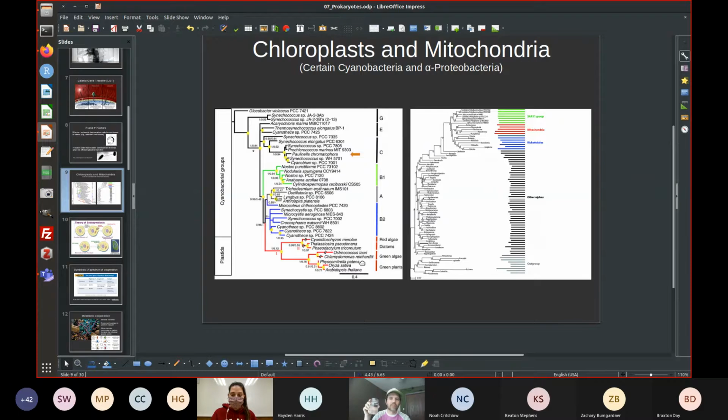So what is this phylogeny actually saying? Big picture about plants.